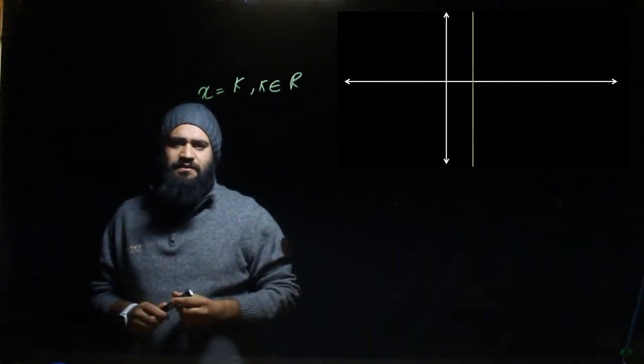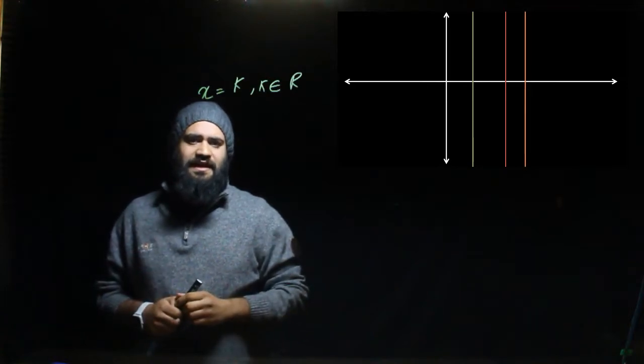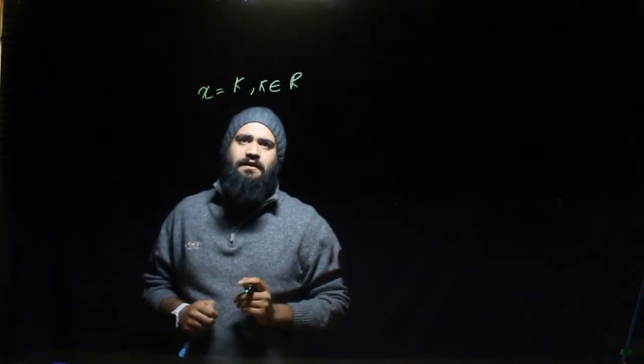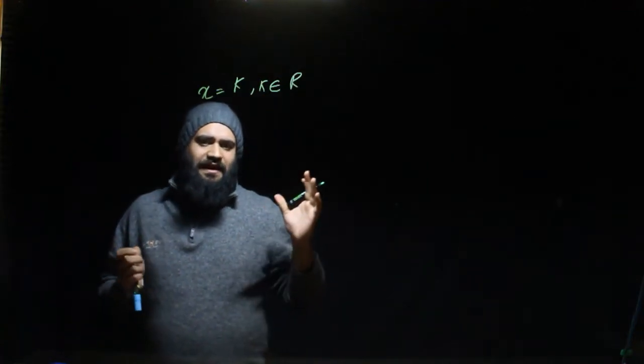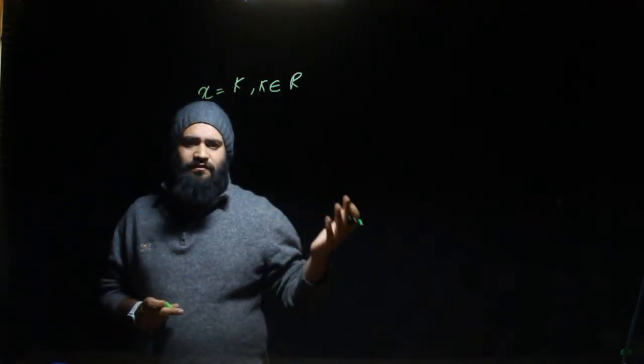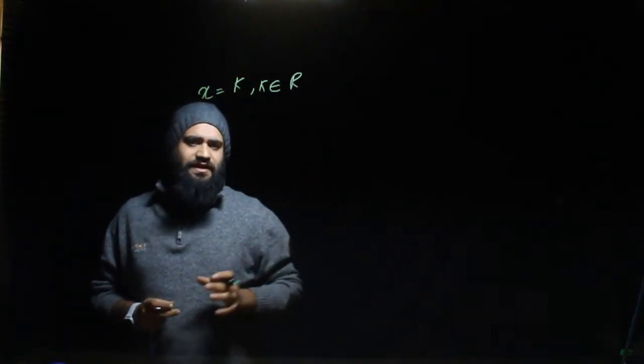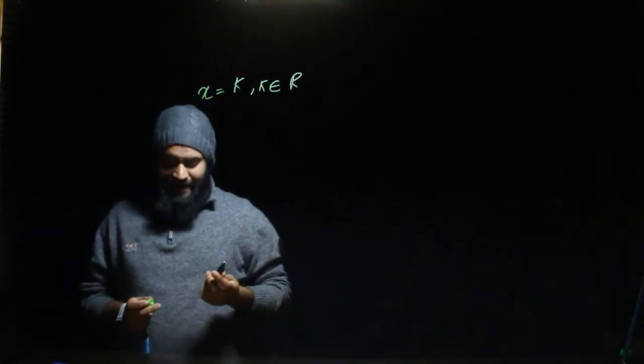These are the examples of some straight lines which are parallel to y axis, like x is equal to 3, x is equal to 5, x is equal to 9, x is equal to -5. These are all straight lines which are parallel to y axis.